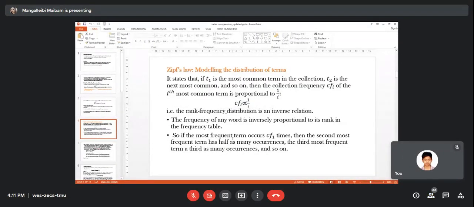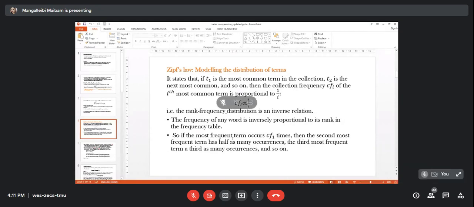So for Zipf's law, it's regarding the distribution of the terms. How we are going to distribute the terms is discussed using Zipf's law. Zipf's law states that if term 1 is the most common term in the collection, term 2 is the next most common term, and so on, then the collection frequency of the i-th most common term is proportional to 1 by i.